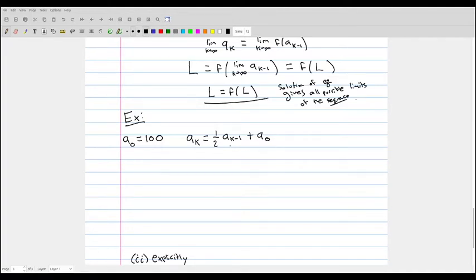This is a formula for the recursive sequence for the top, or the maximum concentration. At every new dosage, the new dosage is going to be 1/2 the previous dosage plus the value of the new dosage, a_0.